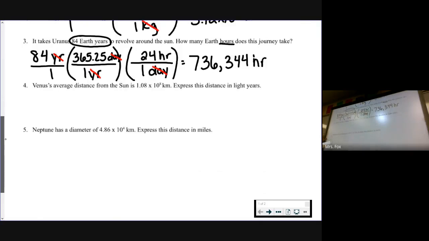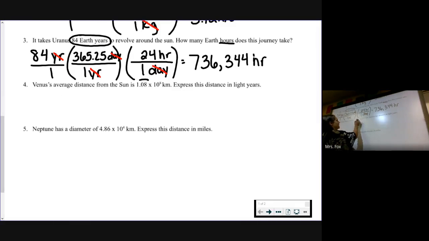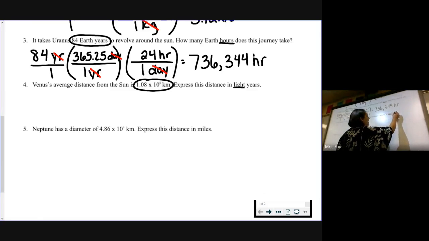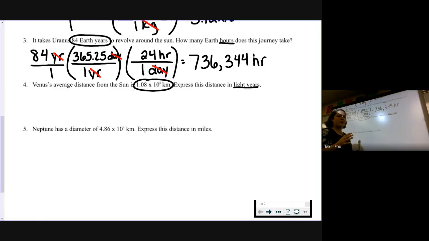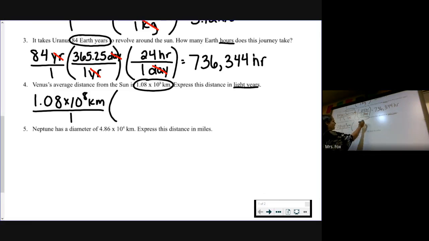Venus's average distance from the sun is 1.08 times 10 to the 8 kilometers. We want to see that in light years. Now remember, light years is a really, really large unit of measurement, so this should be a smaller number. I do have a relationship between kilometers and light years. So I'm only going to need one fraction, one conversion factor.